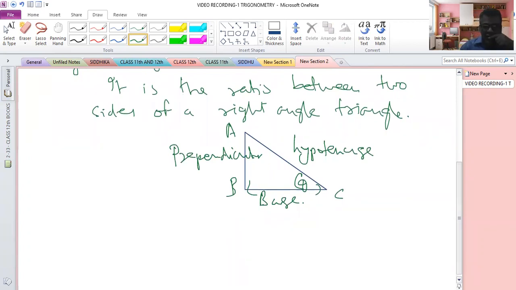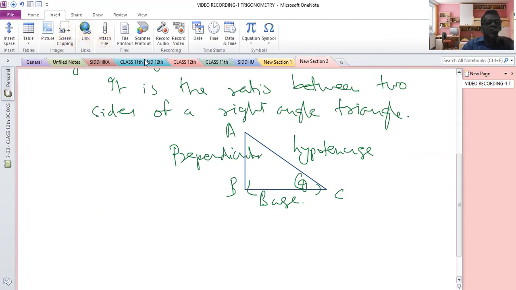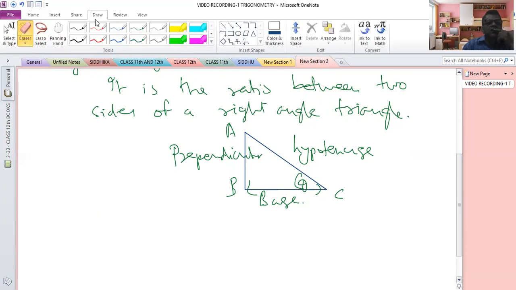Now you can see how many ratios we can form out of these three sides. We can form 6 ratios. What is that? We can form the ratio between perpendicular and hypotenuse.